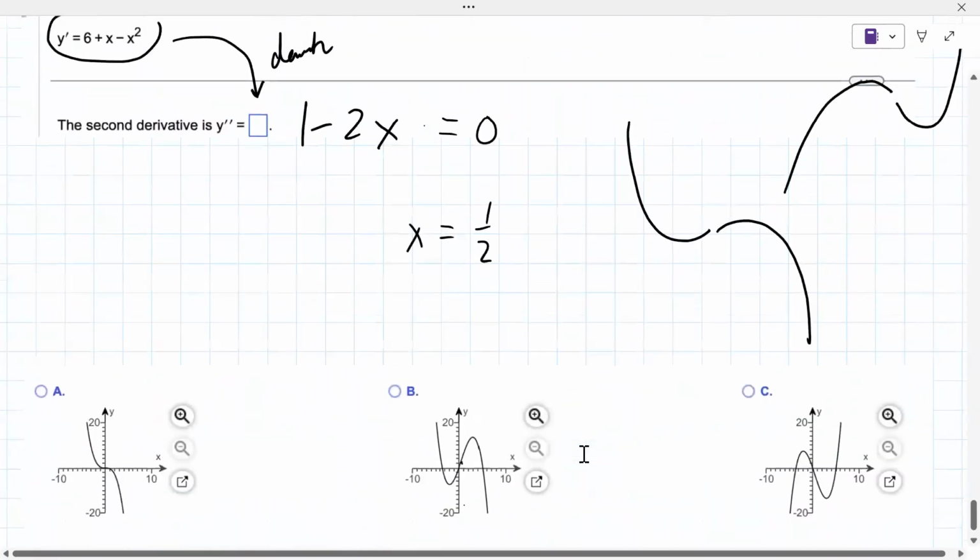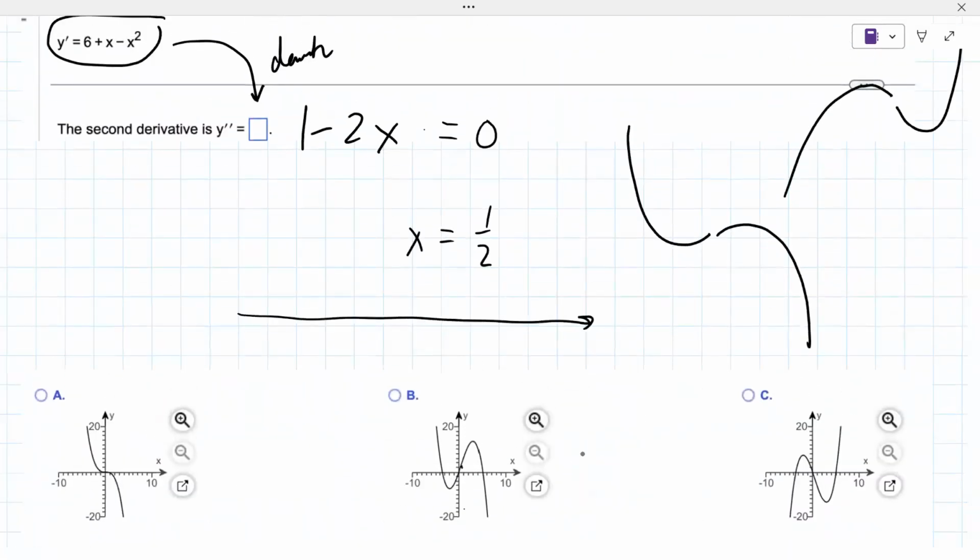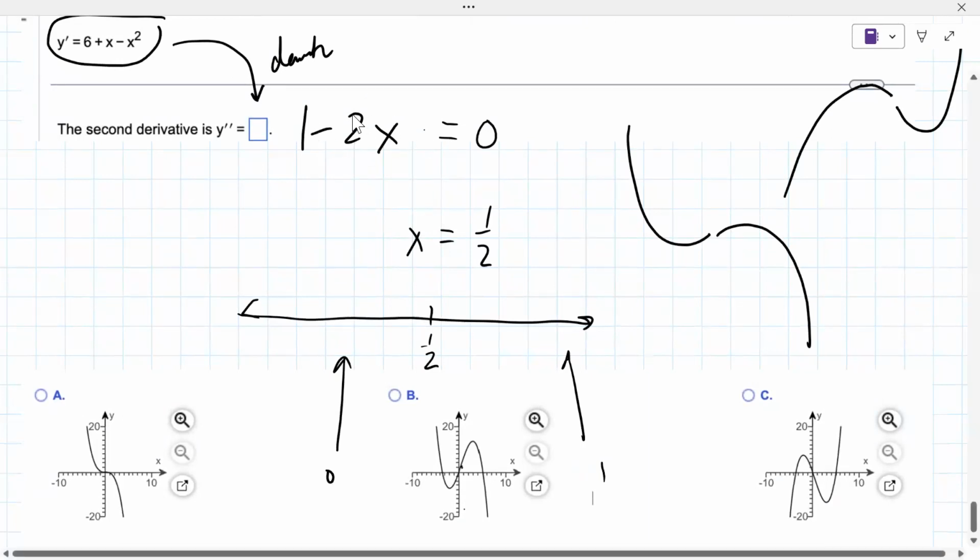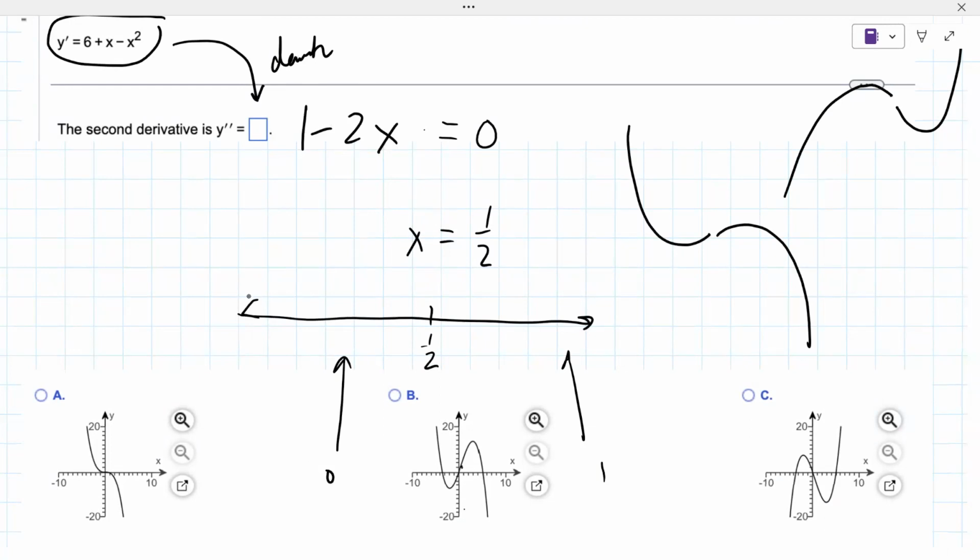The other thing here is that you can do the sign chart thing again, where you say, okay, there's 1/2, and we're going to test some points. We're going to test 0 and 1 in the original function. Can you tell me when you put 0 in, whether it's positive or negative? It'd be positive. And how about 1? It'd be negative.